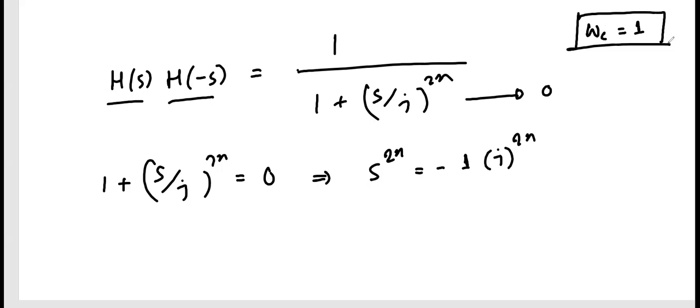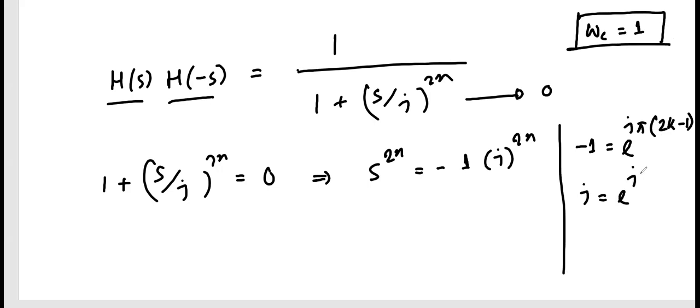Now we can also write minus 1 equals e to the power j pi (2k minus 1), where k is an integer, and also we can write j equals e to the power j pi divided by 2.